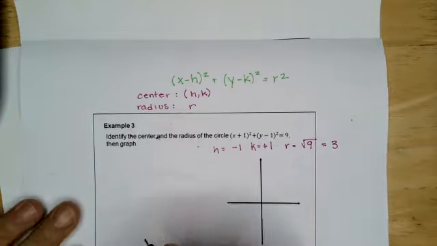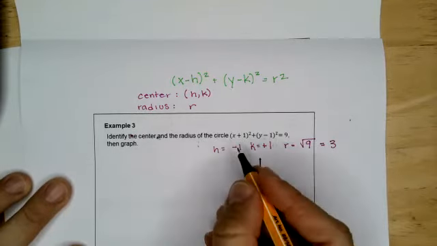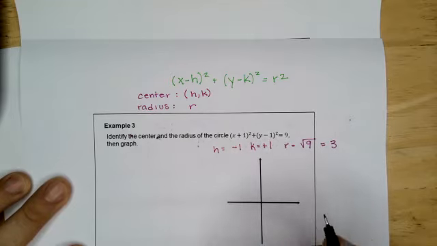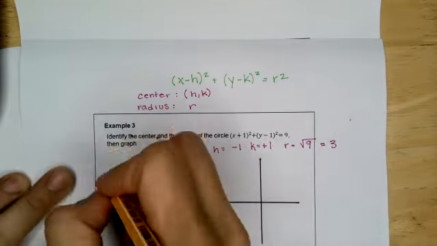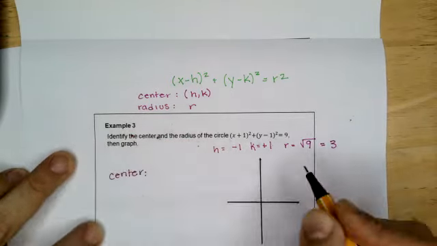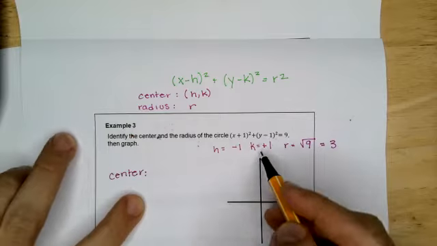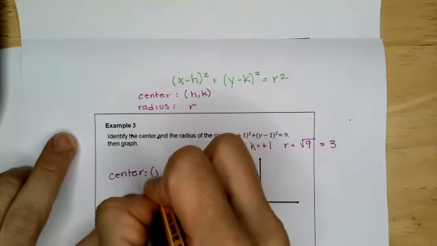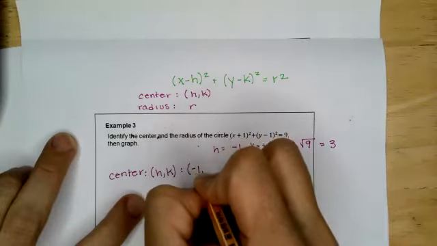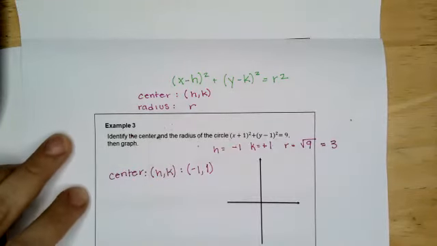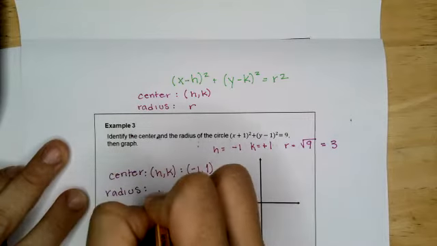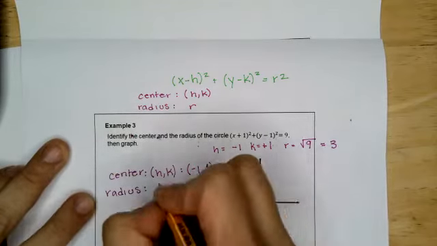Good. This circle, the circle quantity x plus 1 squared plus quantity y minus 1 squared equals 9, has a center at -1, +1 and has a radius of 3.